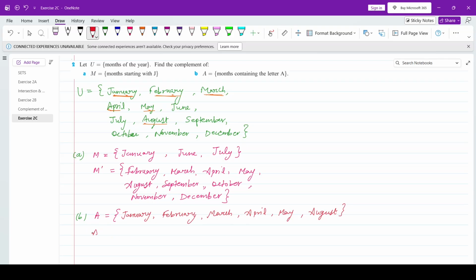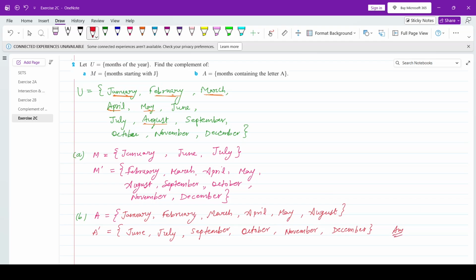Now, A complement or A prime will be June, July, September, October, November, and December. That is our answer.